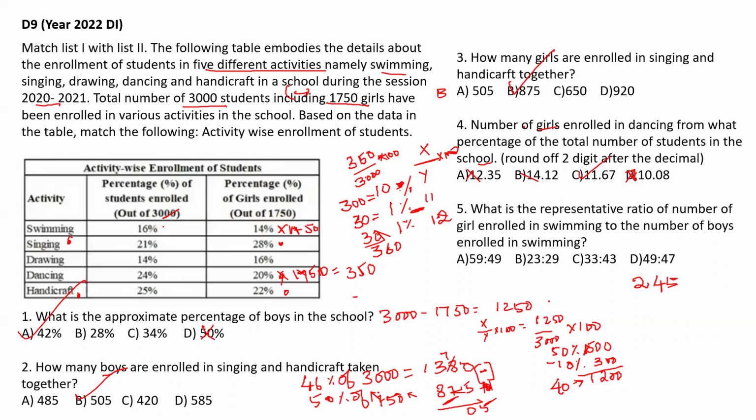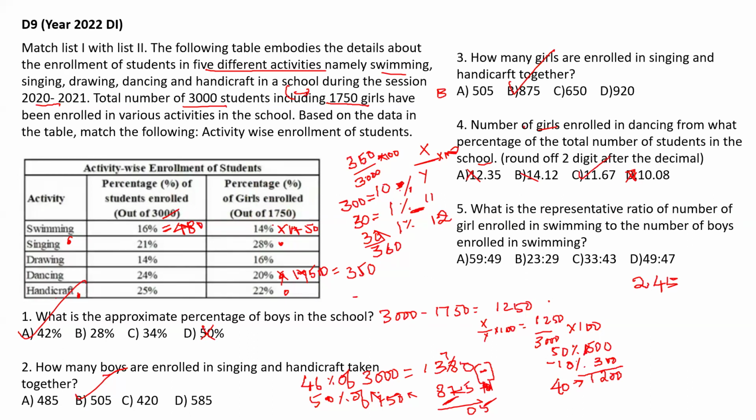So 3000 into 16 percentage, what would be the value? It's 480.